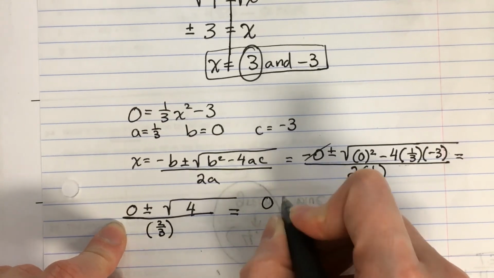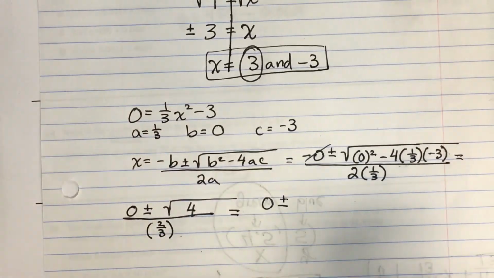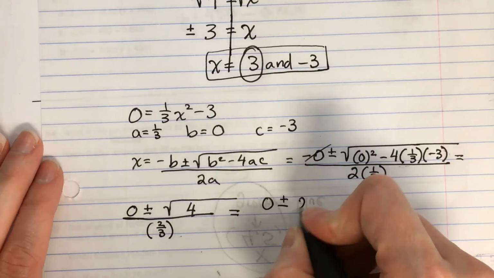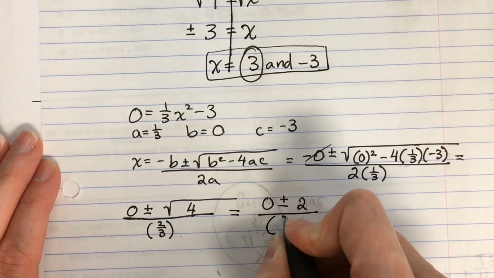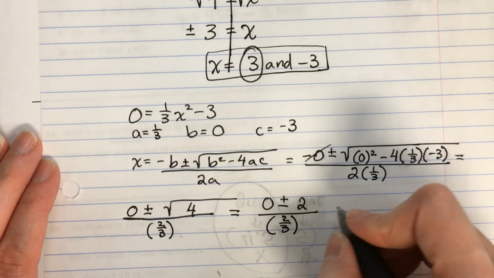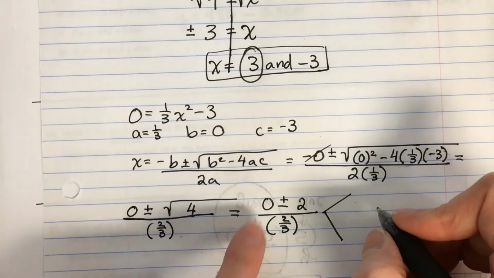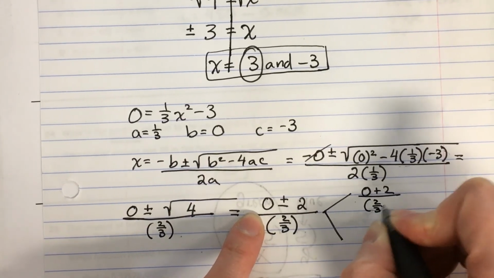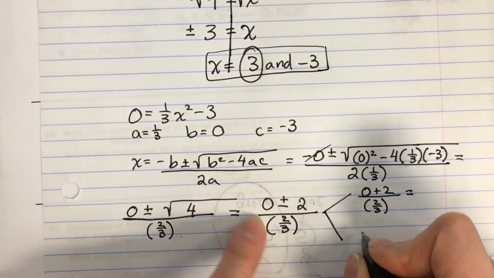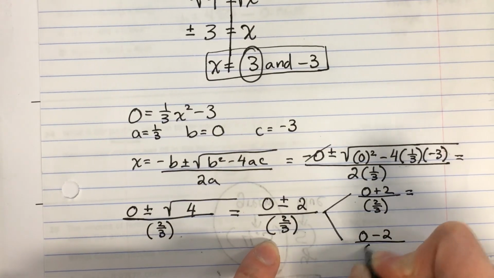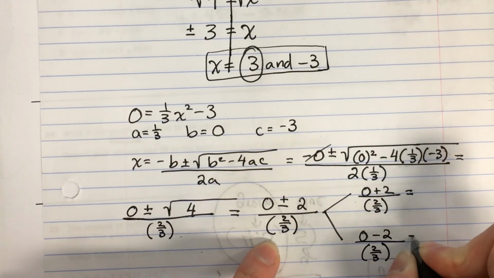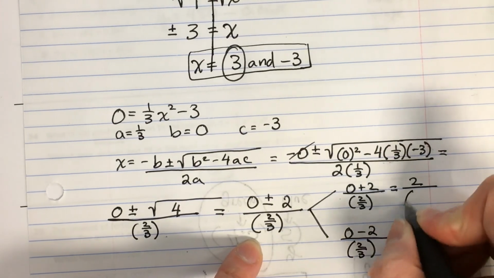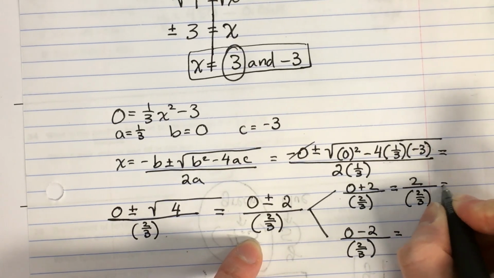Okay. Now 0 plus or minus square root of 4. Square root of 4 is 2. Divided by parentheses 2 divided by 3 parentheses. Now you're going to have two parts. So we're going to have 0 plus 2 divided by 2/3. And then we're going to have 0 minus 2 divided by 2/3. 0 plus 2 is 2. Divide that by 2/3.